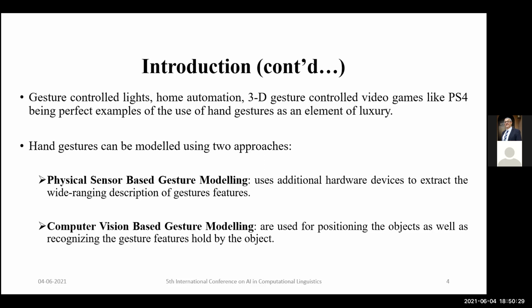Typically talking of hand gesture recognition, there could be different kinds of gestures, not only hand; there are many from lips and various face movements. We will just be talking about hand gestures only. How can these be modeled? Typically there are two main approaches.